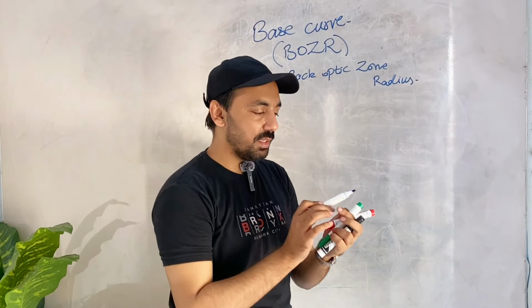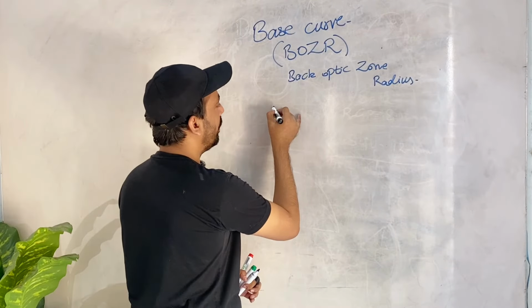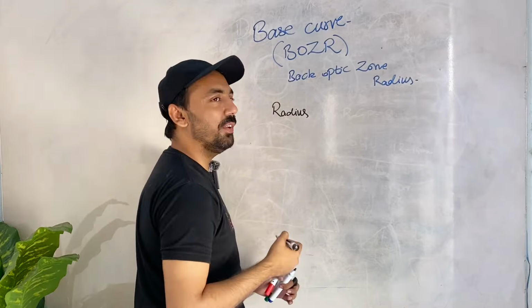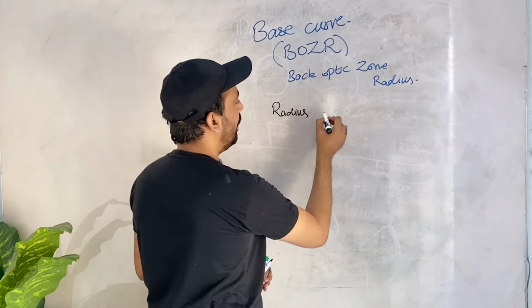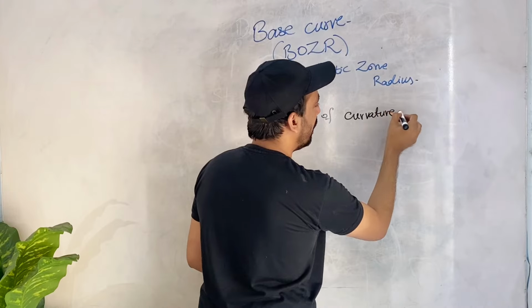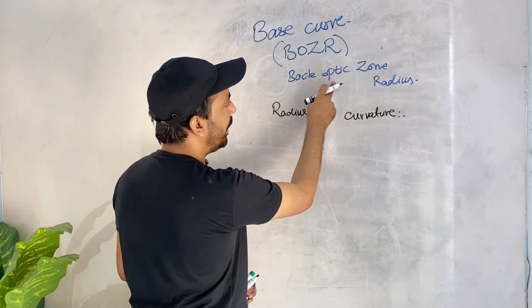So what is actually the base curve? Let's learn about it. Base curve is actually the radius of curvature. This is very difficult to understand and very difficult to teach, right? But let's see the BOZR, back optic zone radius.